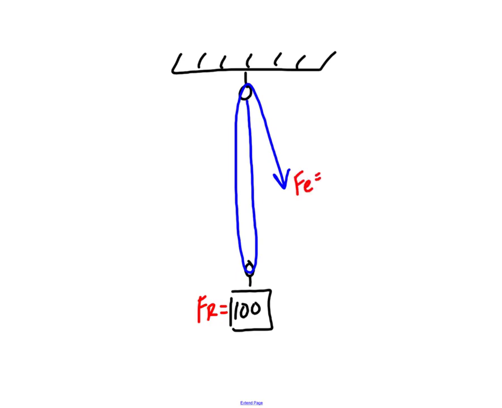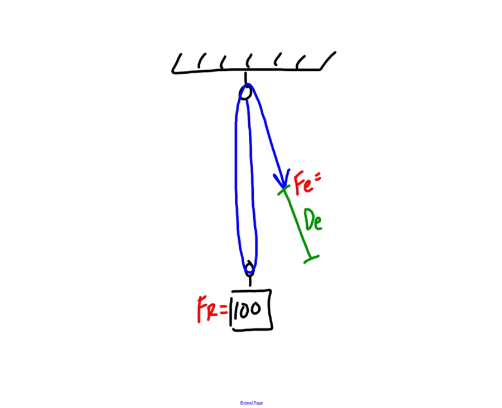Here's my FE. Where's my DE and where's my DR? These are the ones that get a little confusing. So you kind of alluded to it, right? You said, well, how much you pull is your DE. So that distance that you pull is your DE. Pretty helpful.